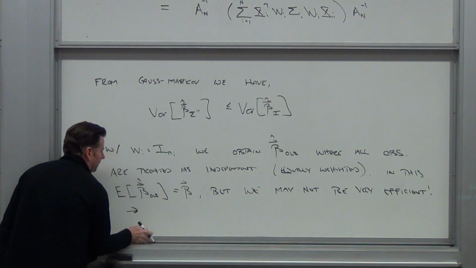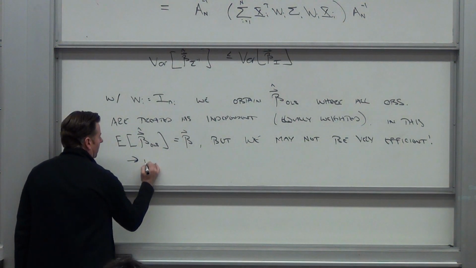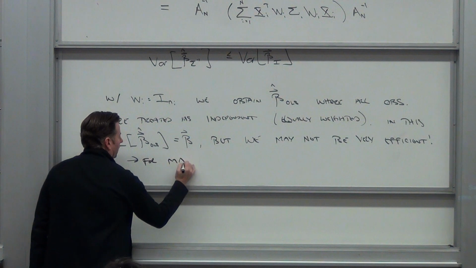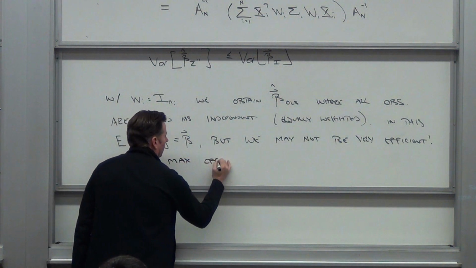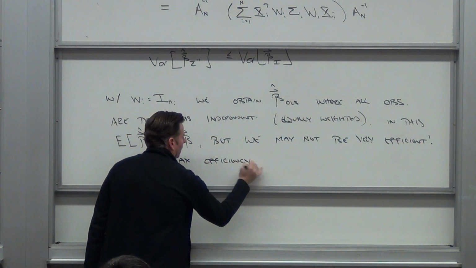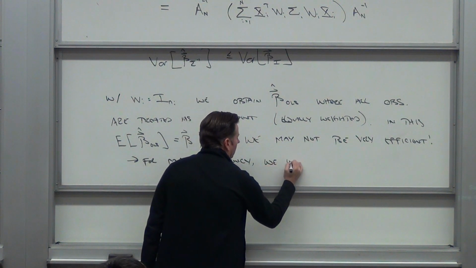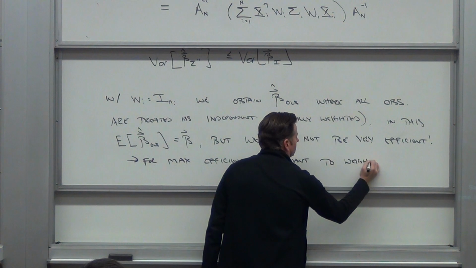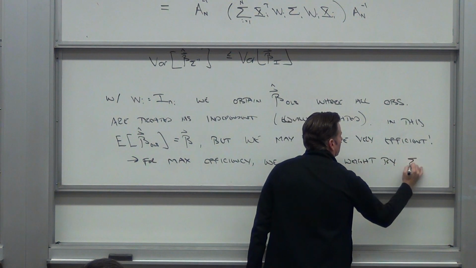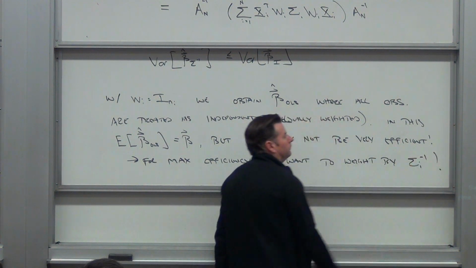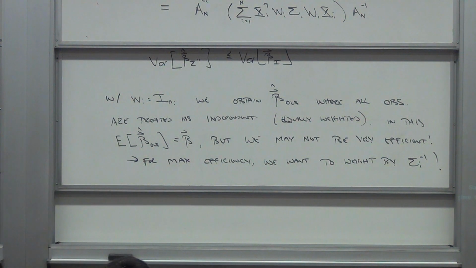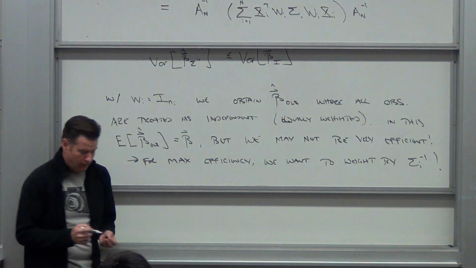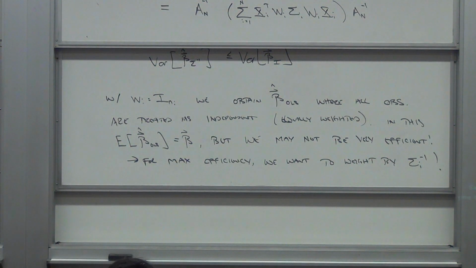And so for maximum efficiency, we want to weight by sigma inverse. Same idea, and again, same trick that we had before as we went through the 211 case in the univariate setting.